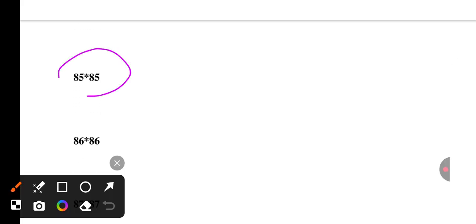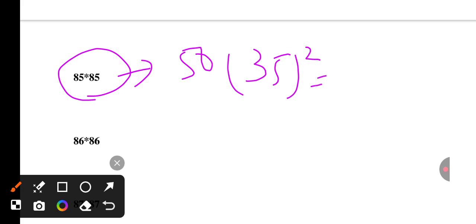Next, how to calculate 85 into 85? First step is compare with 50, it is 35 more. Now what is the square of 35? It is 1225.